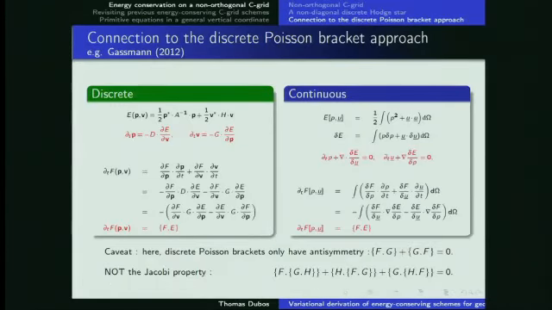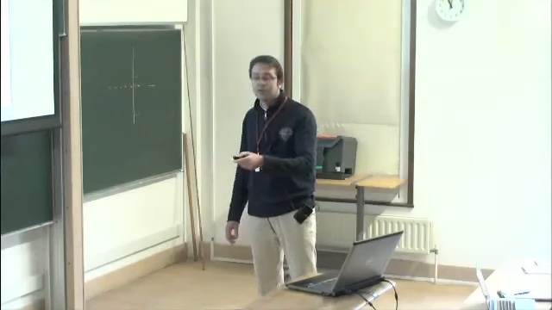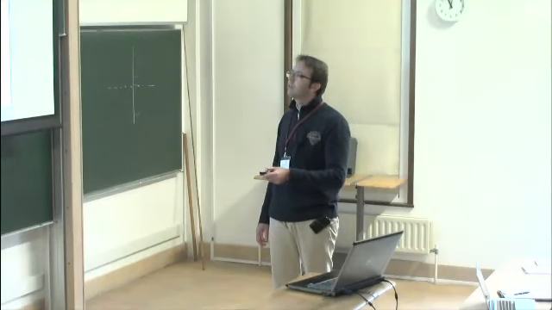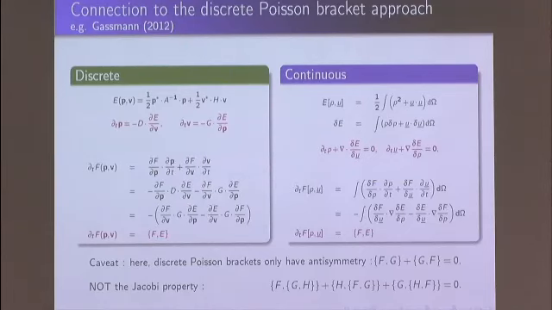So we have this nice pattern, and that's how everything cancels out to give that energy is conserved in the end. So that's actually a discrete, this here is an antisymmetric expression in the derivatives of the energy and of any function of pressure and velocity you want to find the evolution of. So that's a discrete Poisson bracket which has a correspondence in the continuum.